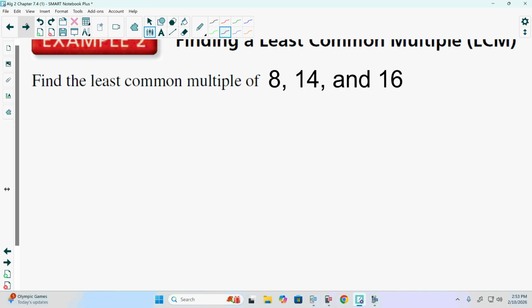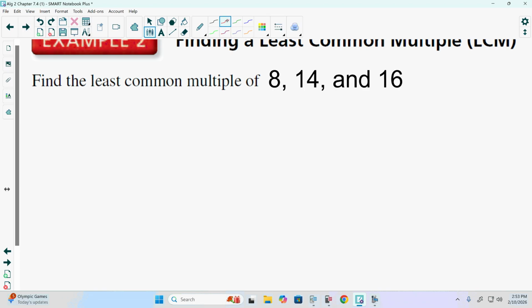Now, hopefully at this point you've talked about common multiples at some point. Multiples of a number. So 2, 4, 6, 8, 10, 12, 14, 16, 18, 20. We can keep going on.